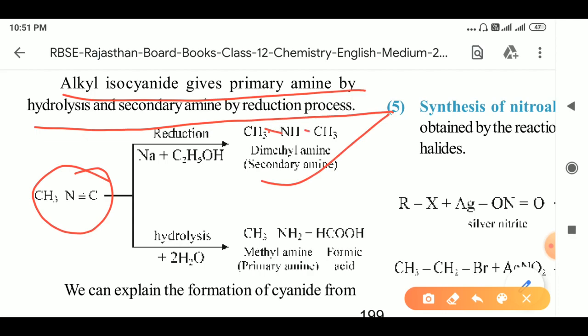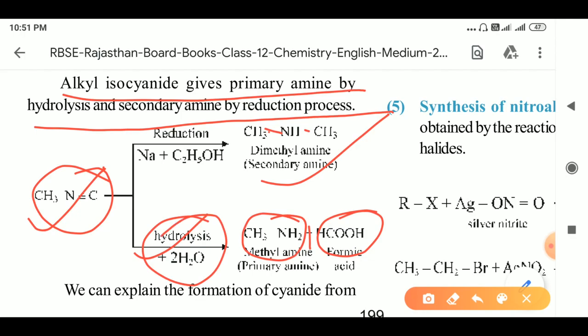After hydrolysis of methyl isocyanide, two compounds are obtained: the first one is methanamine, CH3NH2, and the second one is formic acid, HCOOH.